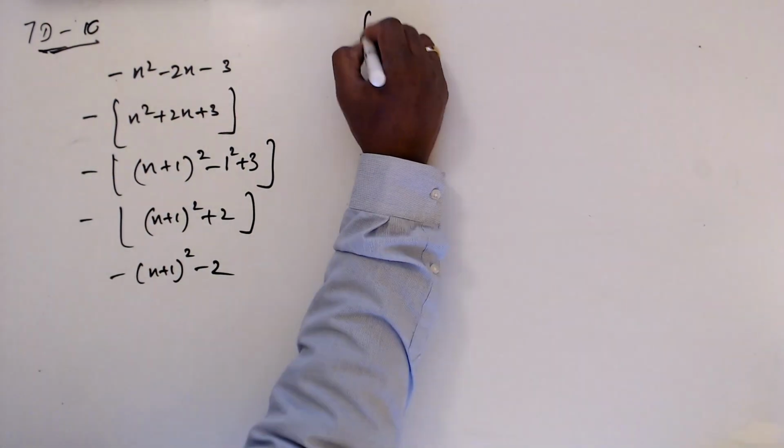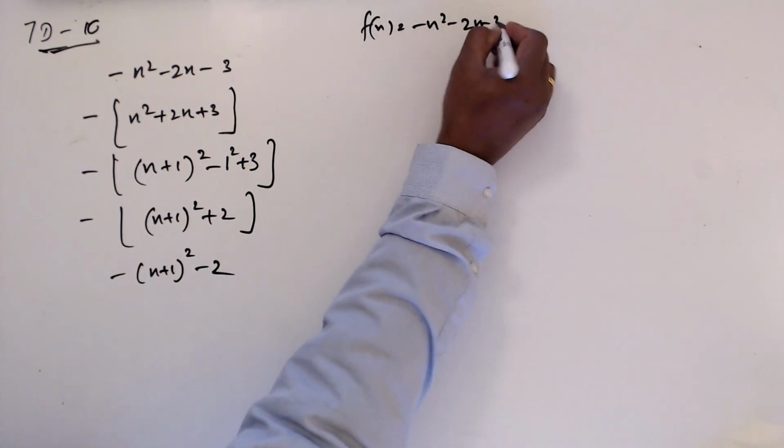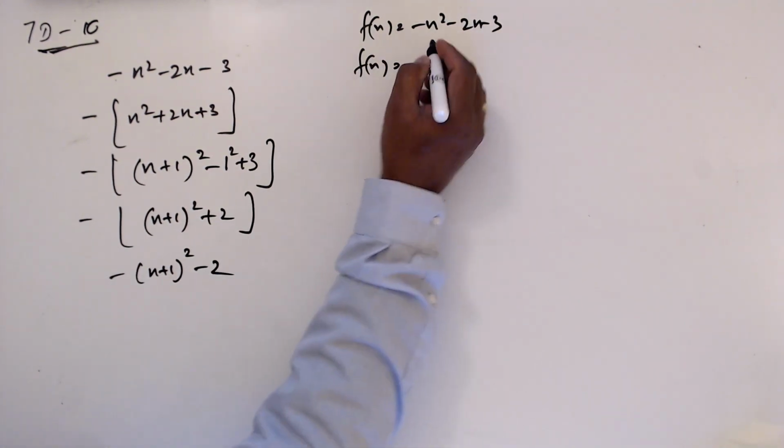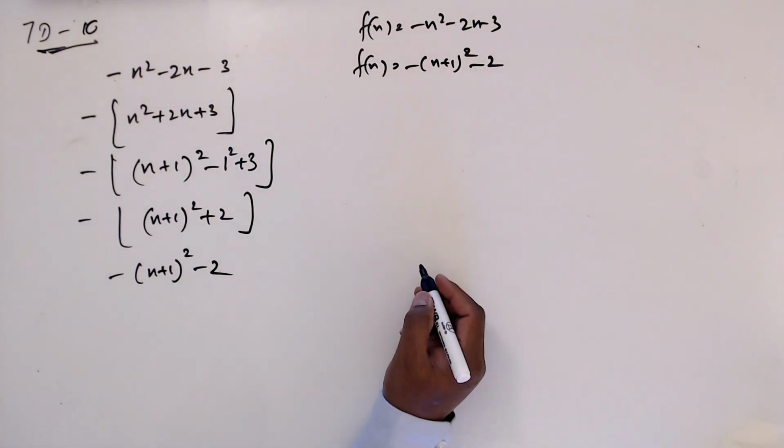If we consider this graph, it is the same as minus (n plus 1) squared minus 2.